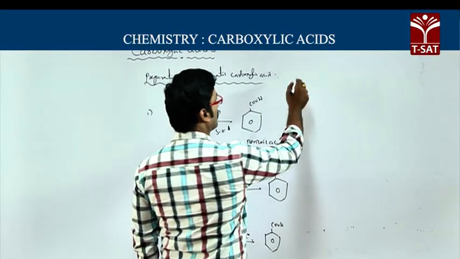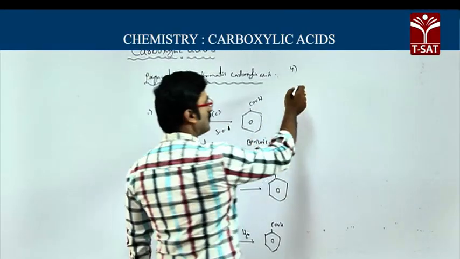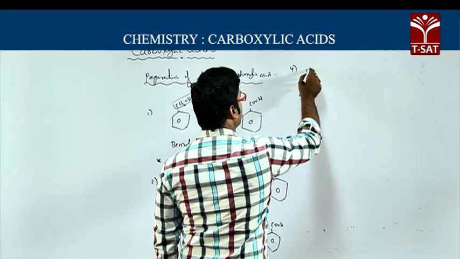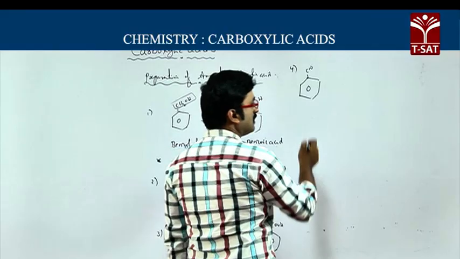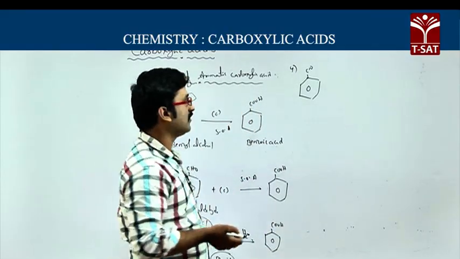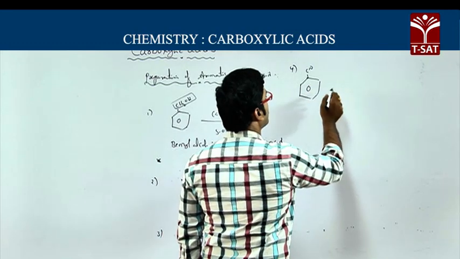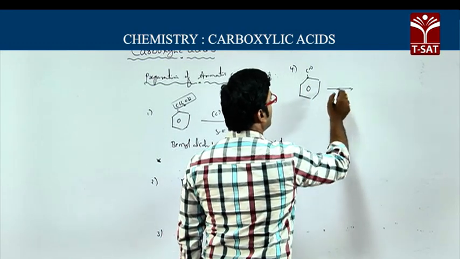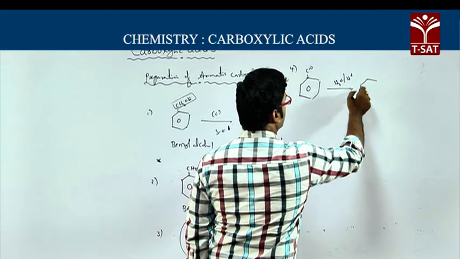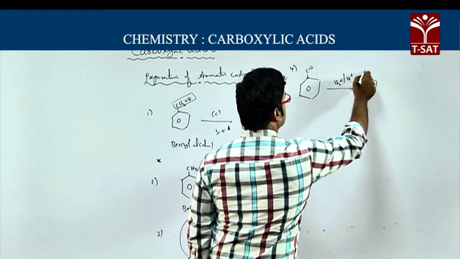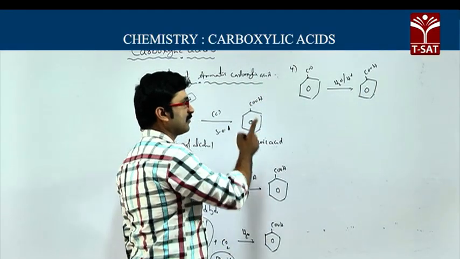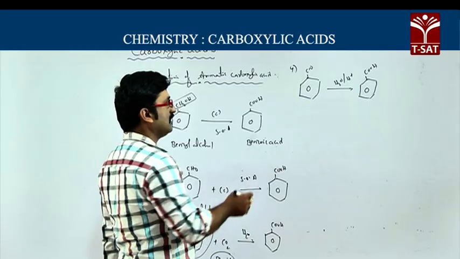Next we'll go for the fourth one. Say I have taken cyanide, phenyl cyanide. You know that cyanides on hydrolysis in the presence of acid or base produce carboxylic acids. So phenyl cyanide on hydrolysis in the presence of acid gives COOH, benzoic acid.